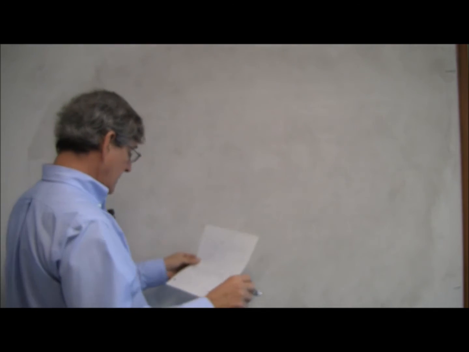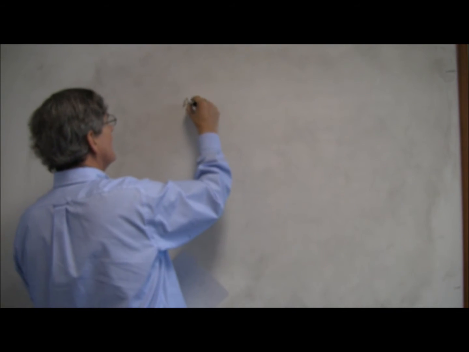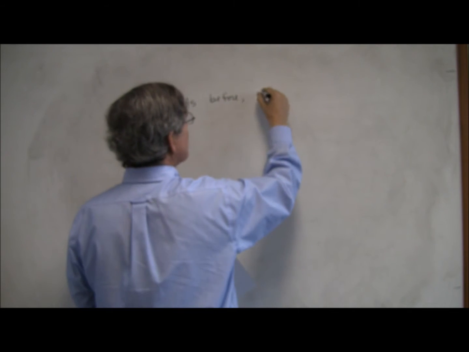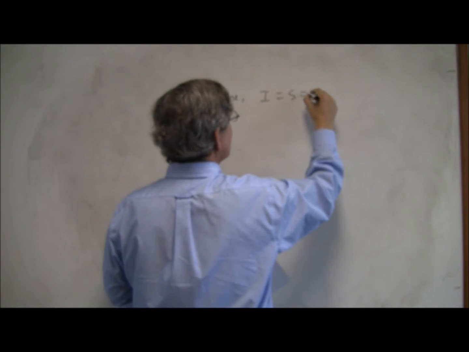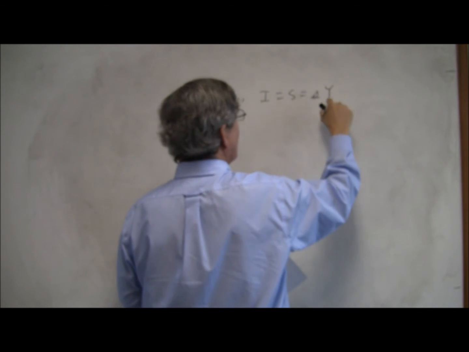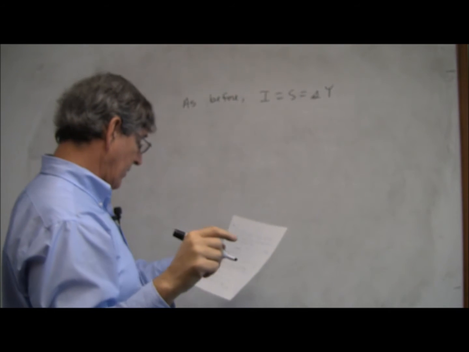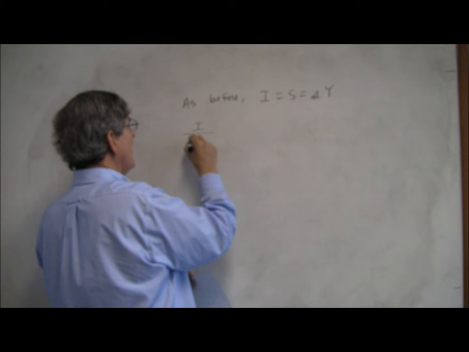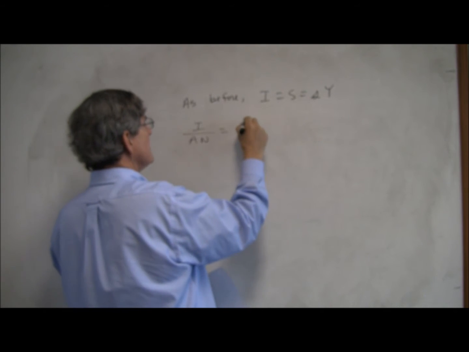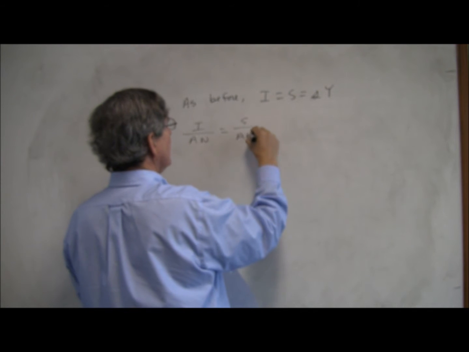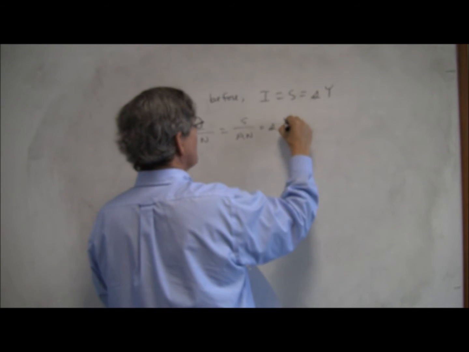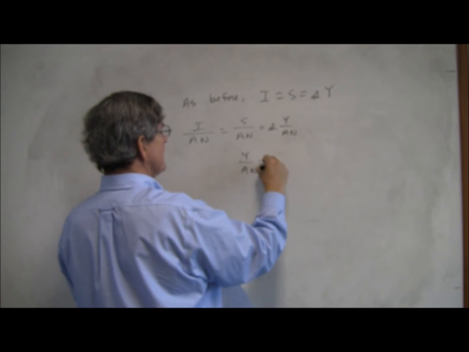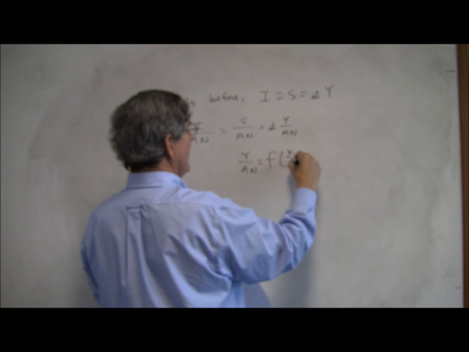So as before, we're going to let investment equal savings, and savings is going to be little s times Y. Y is now a different function than before, but it's the same. So we can say I over AN equals S over AN equals little s times Y over AN. But we know that Y over AN from what we just did is f of K over AN.